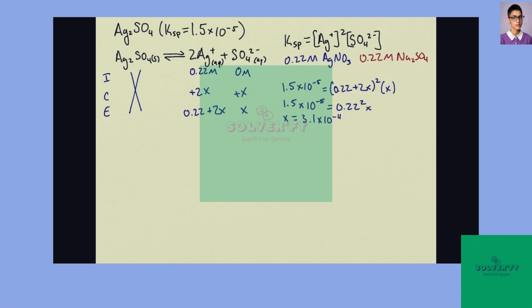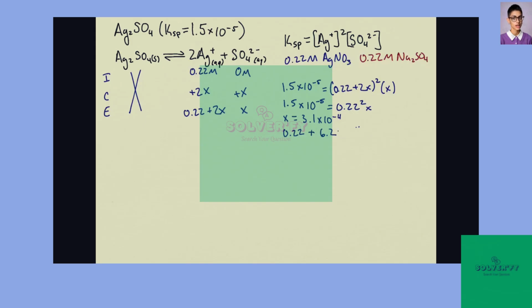And plugging this back into here to check for our assumption, we get 0.22 plus 6.2 times 10 to the negative fourth, which is still 0.22 to two significant figures, so that validates our assumption.